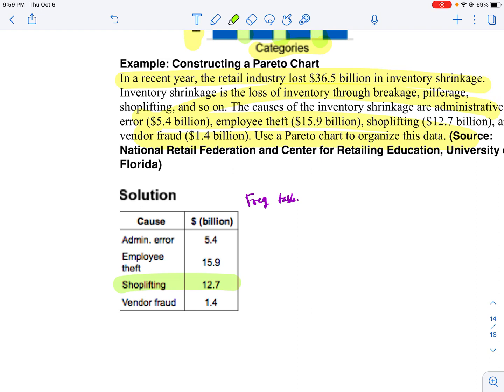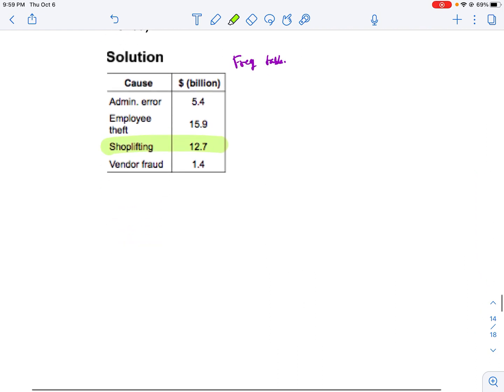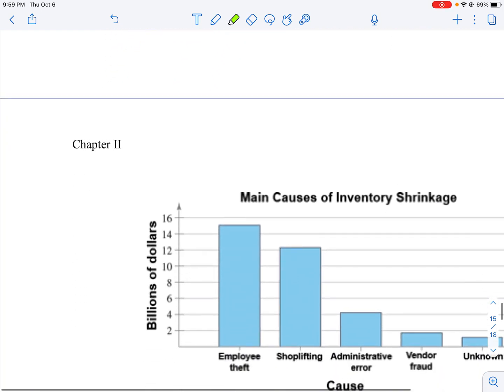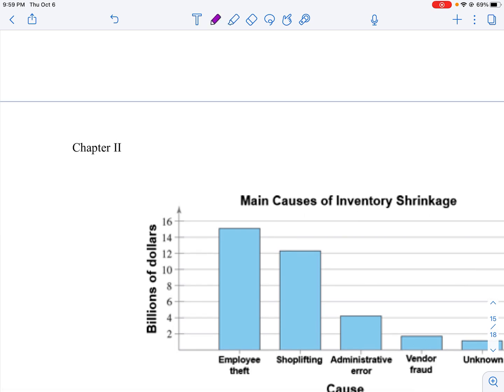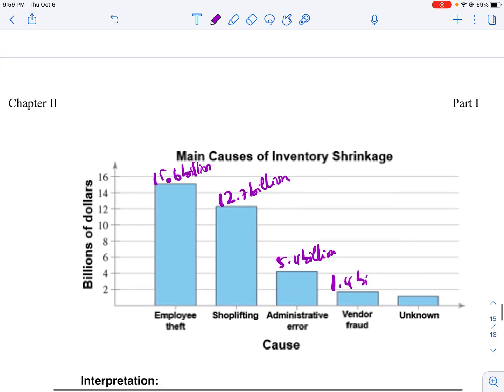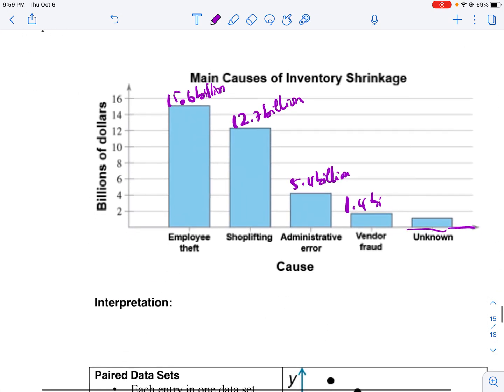That's a lot of money. All right, when you put your Pareto chart together, this is what you see right here. So this one was 15.6 billion. This one was 12.7 billion. This one was 5.4 billion. And here vendor fraud, 1.4 billion. And of course the rest is unknown.